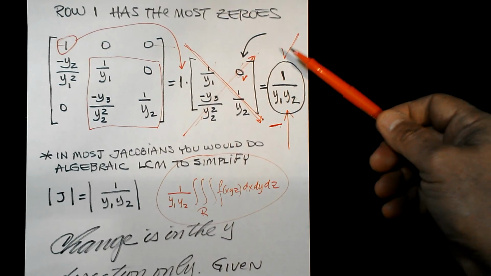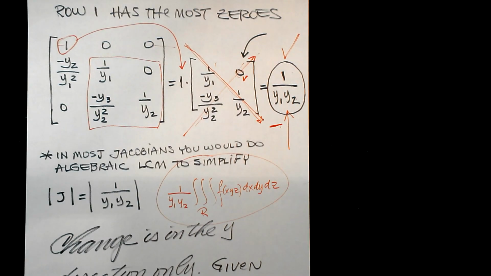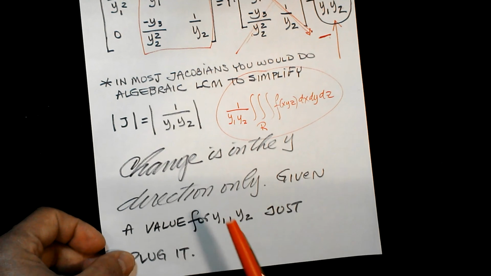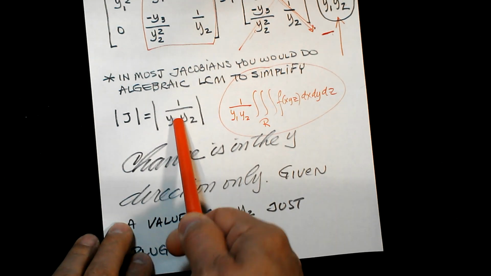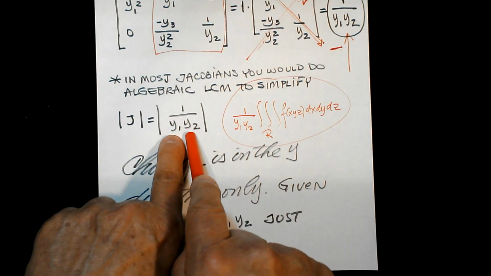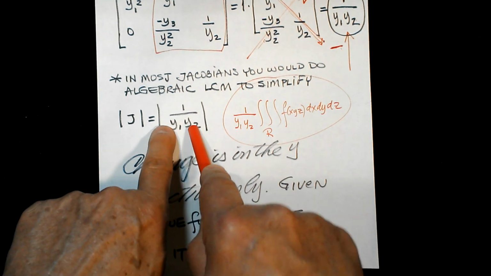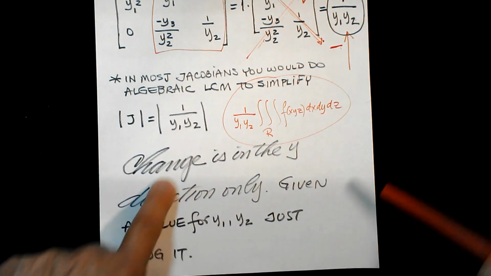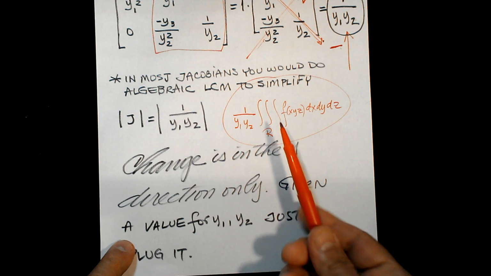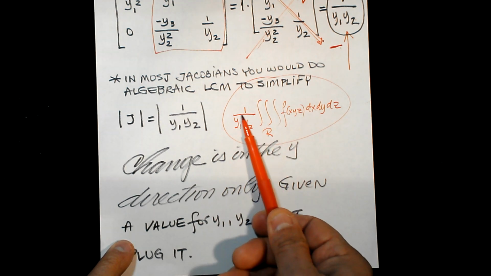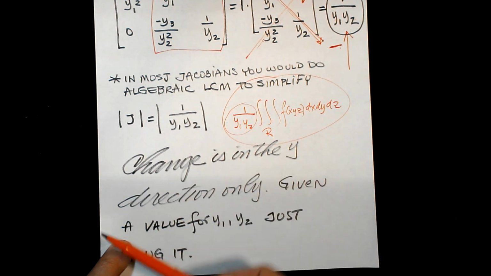So now, this is the Jacobian, and like I said before, we always use the Jacobian as an absolute value. Once I'm giving numbers for y1 and y2, this becomes a whole number, and that's why it comes out of the triple integral, because it's a constant now.